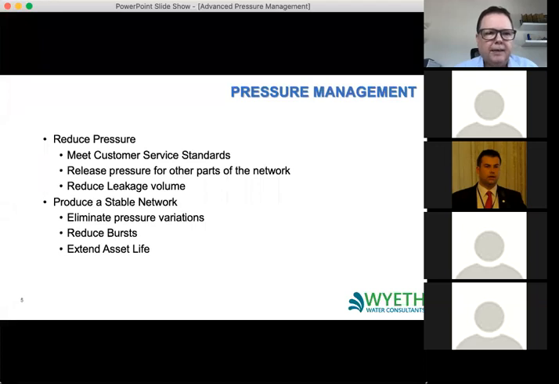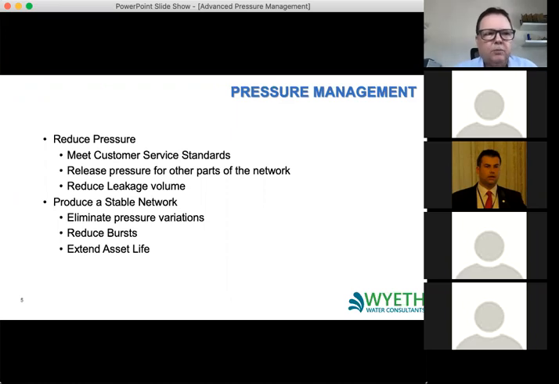Some may have a standard of 10 meters or 15 meters. And in some other places, they may have to be able to supply to a 4 or 5 story apartment block. So that's something that you need to consider when you're looking to do pressure management, is making sure that you're still meeting the customer standards or what is required by the customer.